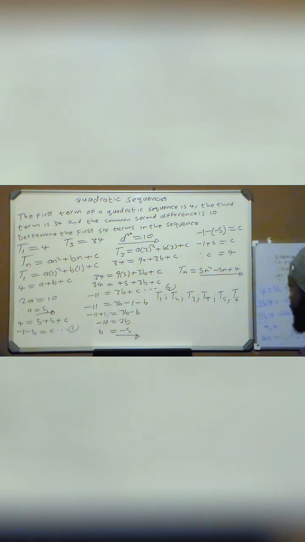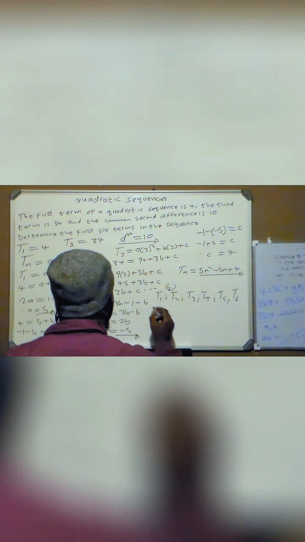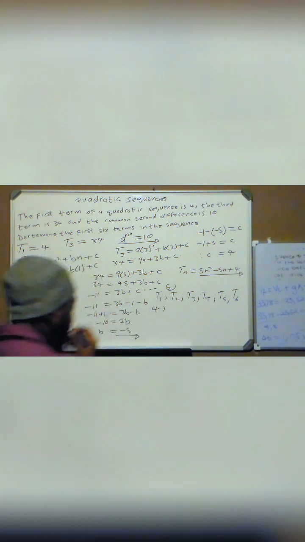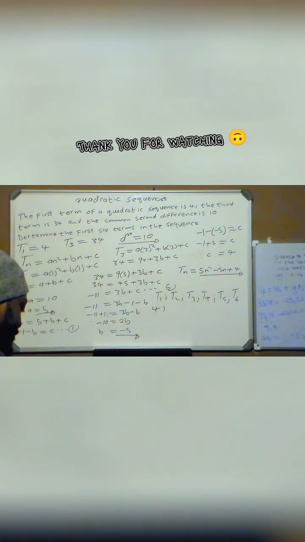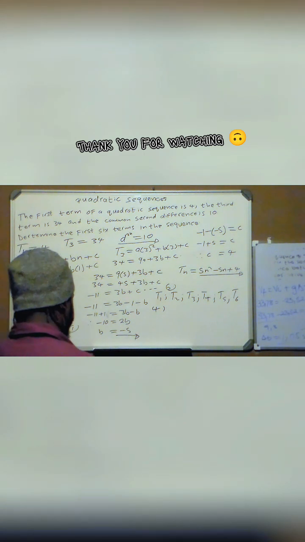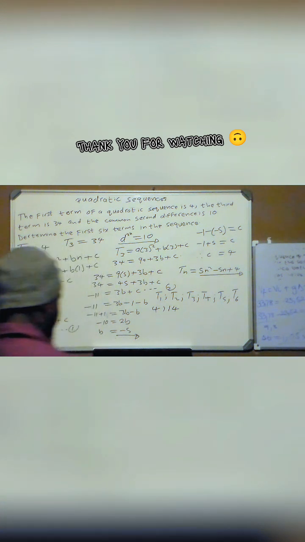So 5(1) squared minus 5(1) plus 4. The first term of the sequence is 4. We find the second term, 14.